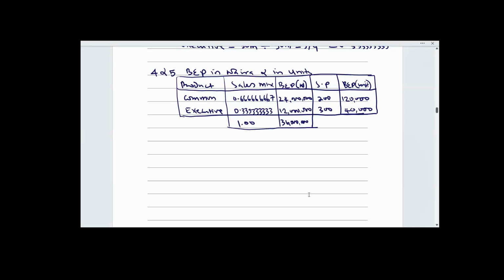That's the interpretation. So number B requires break-even points in units. This will be B1.